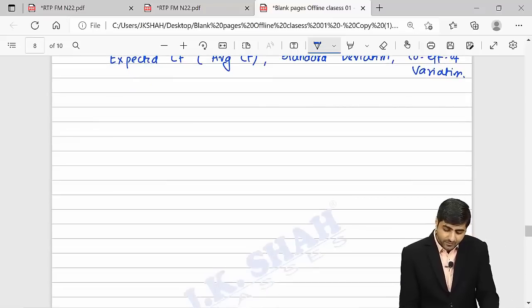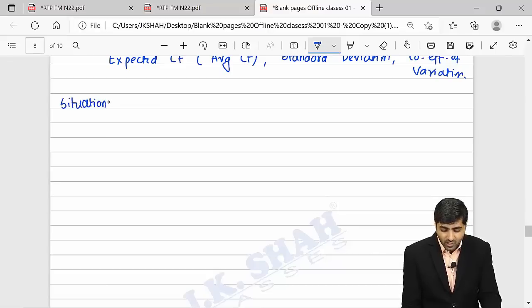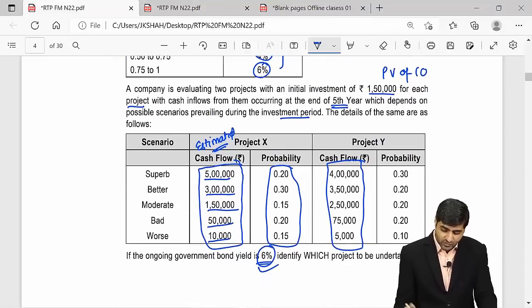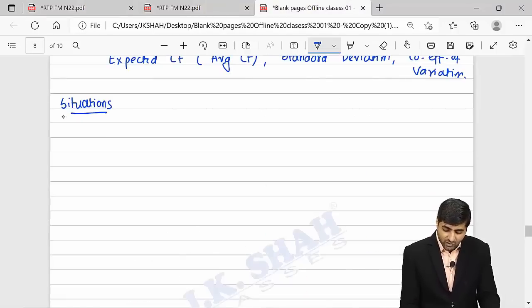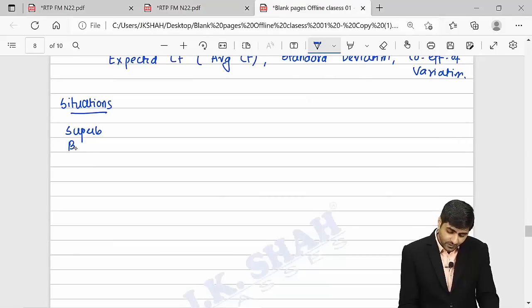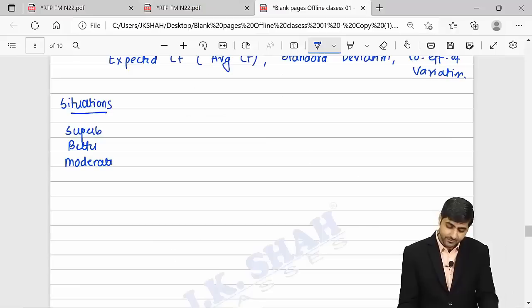So basically, there are some situations here. We can write down how many situations you have. There are 5 situations which they have told you, that at the end of the 5th year your situation can be superb, then it can be better, then moderate, then bad and worse.